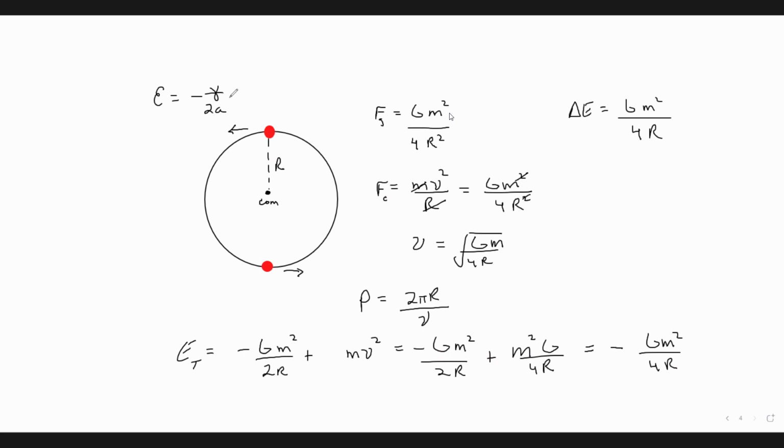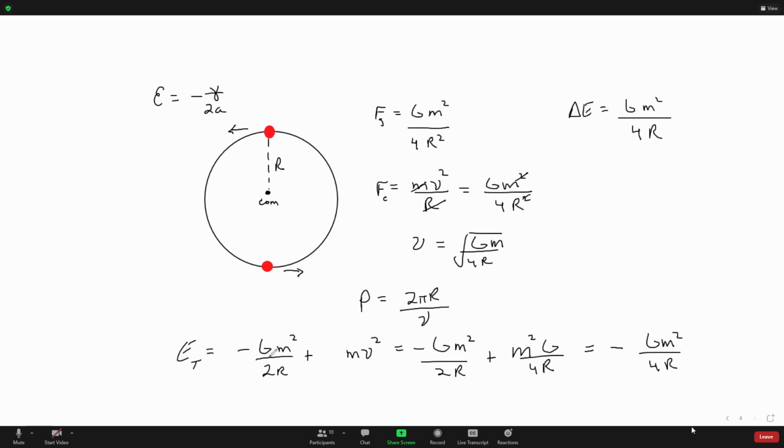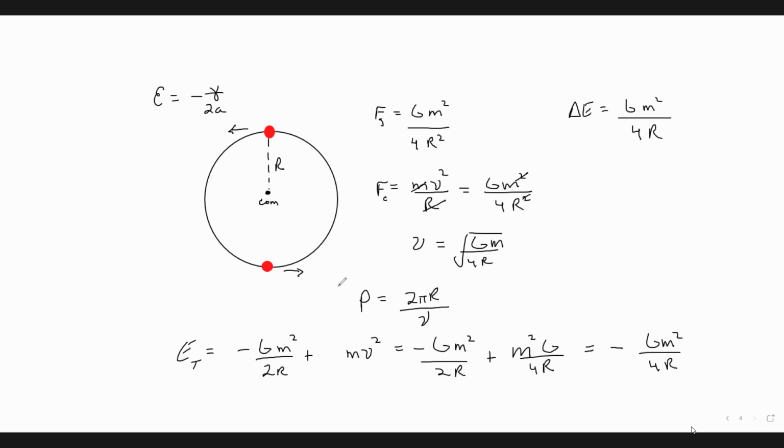But this isn't a Kepler orbit. It's something different. So I can determine the energy of the orbit because I know that the gravitational potential energy is minus gm squared over 2r plus 1/2 mv squared for each of these. So plug in v, and I get this as my total energy of the orbit.